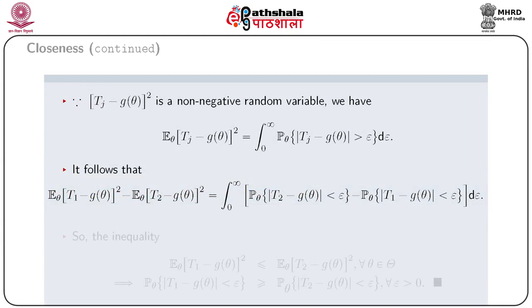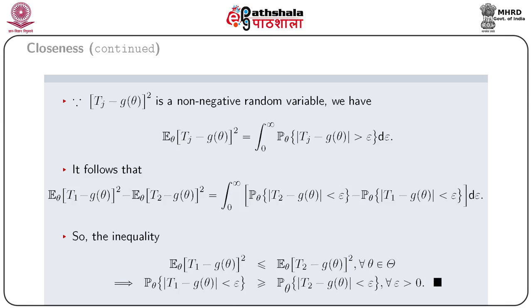Since T1 minus g theta whole square is a non-negative random variable, expectation T1 minus g theta whole square equals integral 0 to infinity probability under theta mod T1 minus g theta greater than epsilon d epsilon.